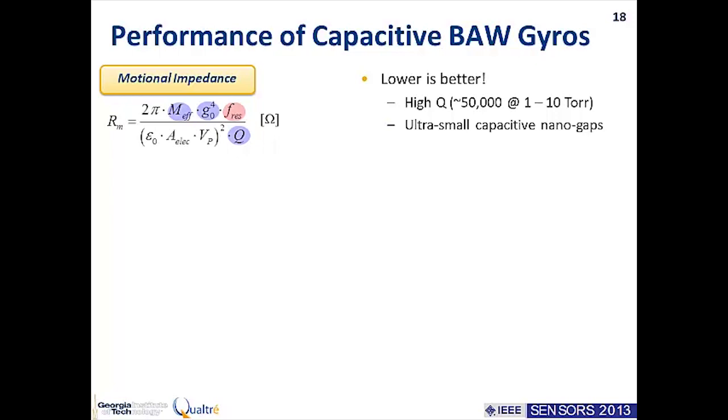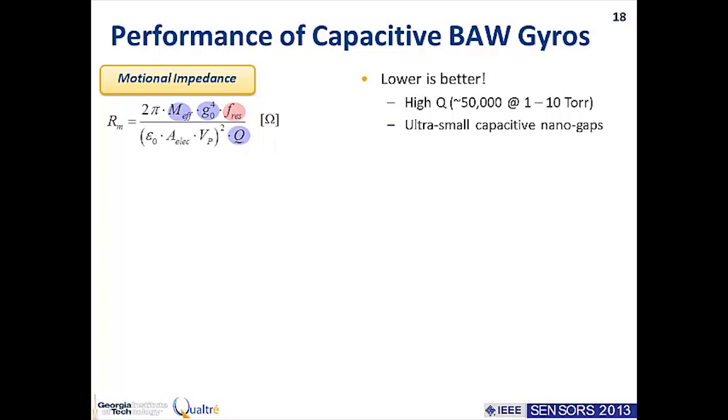Now, something to note here is that since we've been reducing our gaps to drive this type of devices, because we mentioned that they're a lot stiffer, that is actually compensating for that increasing frequency. And what we see here is that since this is such a strong function of your gap, to compensate for 3 orders of magnitude of loss, you only need to decrease that gap by a factor of 5 or 6.